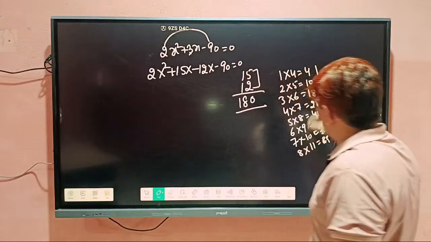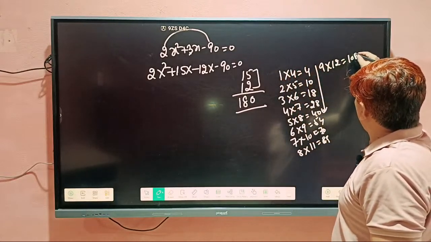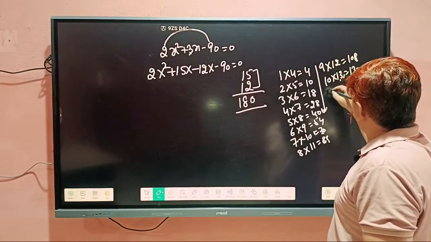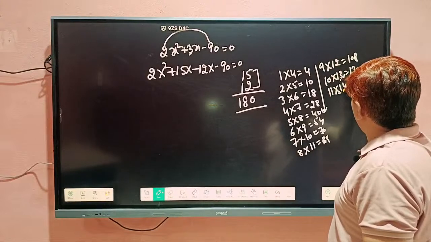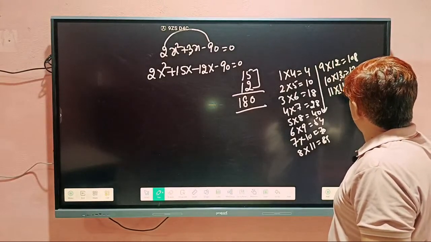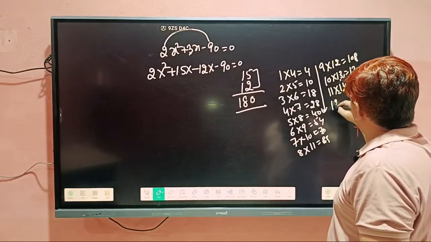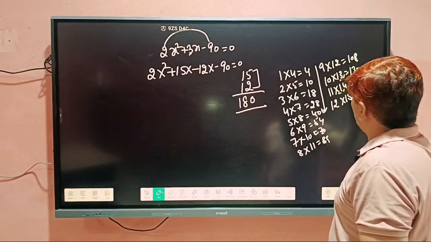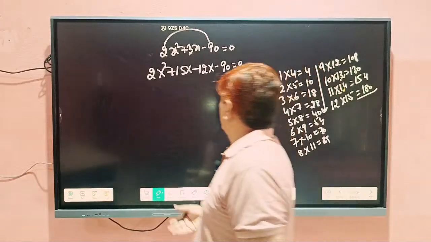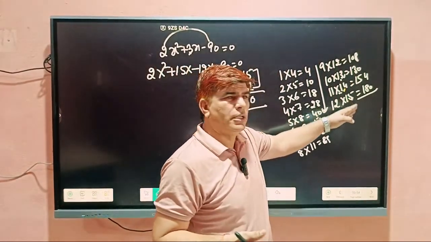It keeps increasing. Next, 9 into 12, 108. 10 into 13, 130. 11 into 14, 154. 12 into 15, how much? 180. If you practice, you will easily understand and can start directly from near here.